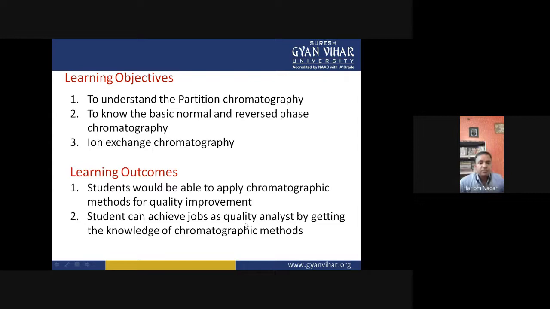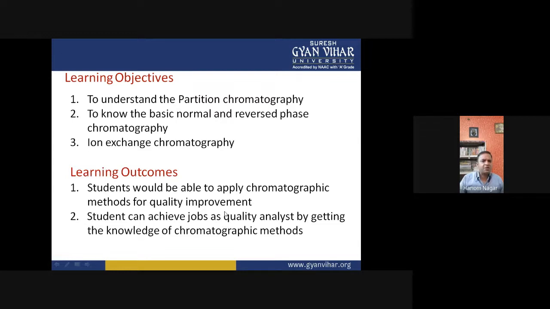Once students have the knowledge about chromatography methods, they can get jobs in various industries which focus on improvement of the quality of compounds, because nowadays most of the industries have their R&D departments, research and development departments, which work on the improvement of the quality of the product, whatever they are providing to the society, to the market, right?